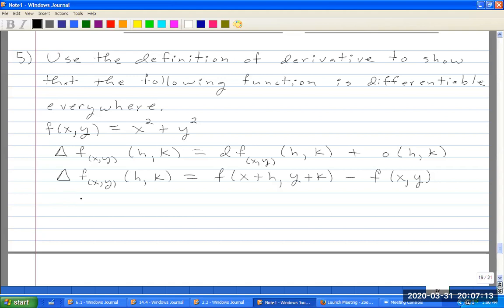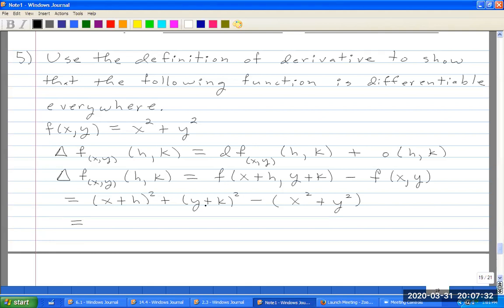So this is equal to (x plus h) squared plus (y plus k) squared minus, well, this is x squared plus y squared.